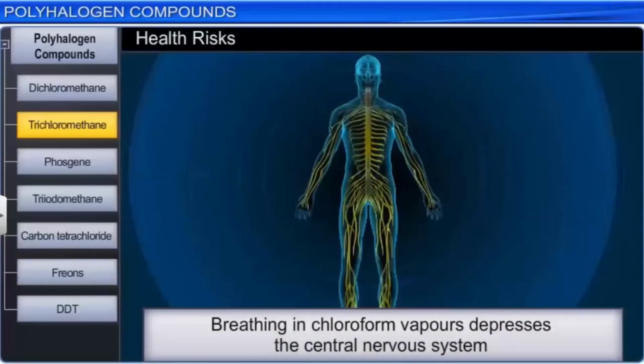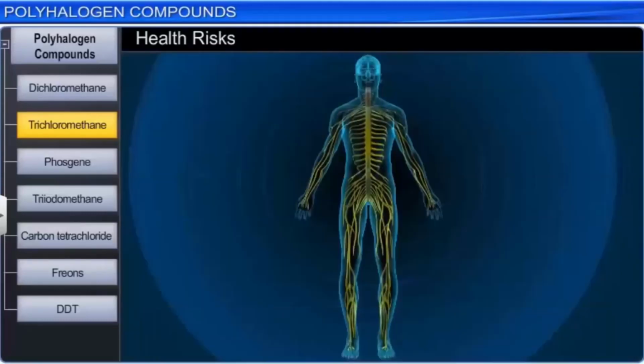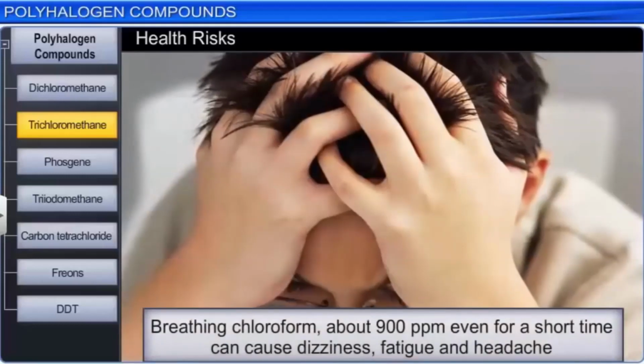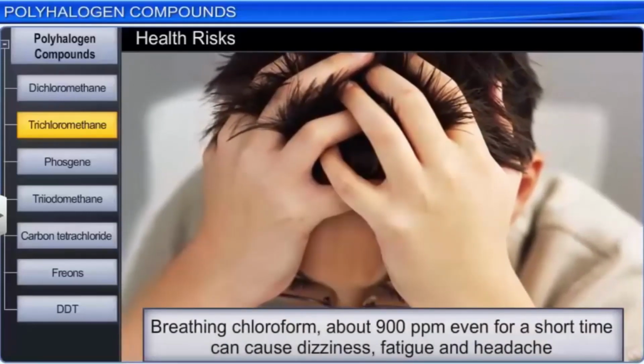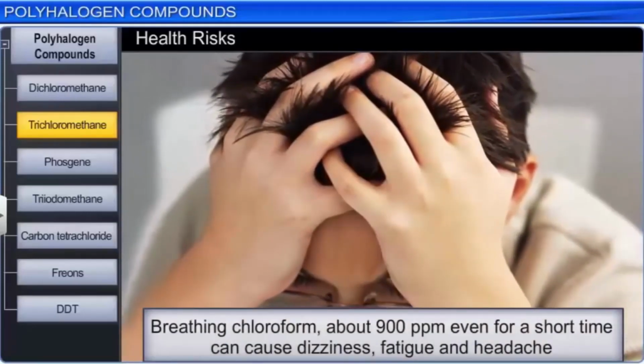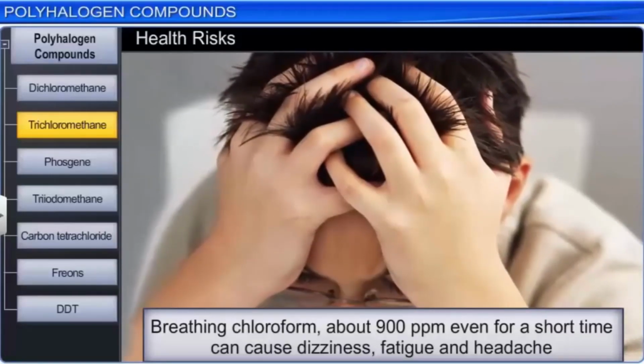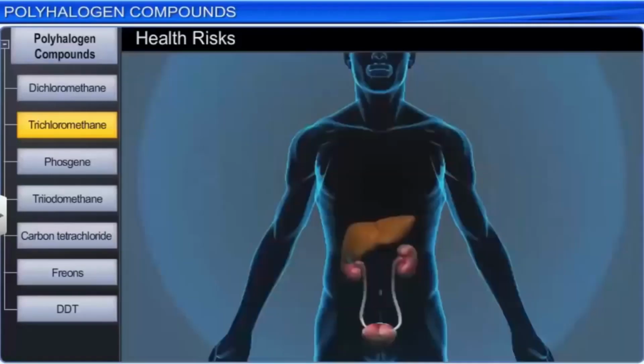Not surprising, considering its historical role in anesthesia. Breathing chloroform at about 900 parts per million, even for a short time, can cause dizziness, fatigue, and headache. Chronic chloroform exposure may cause damage to the kidneys and liver.